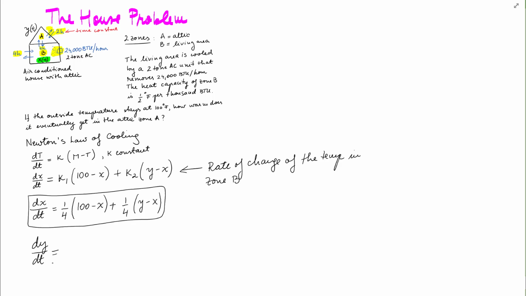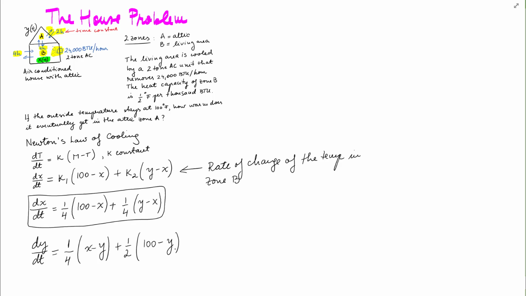With B, the time constant is 4, so 1/4 times x minus y, the change between the attic and the house, plus the change between the attic and the outside, which is 1/2 times 100 degrees minus the attic, which is y.